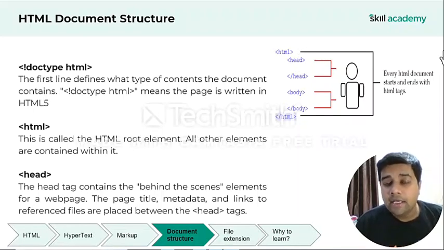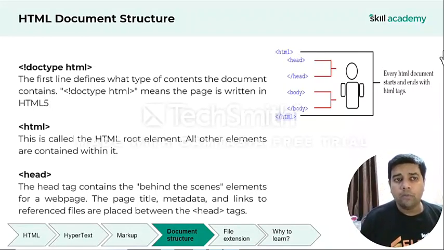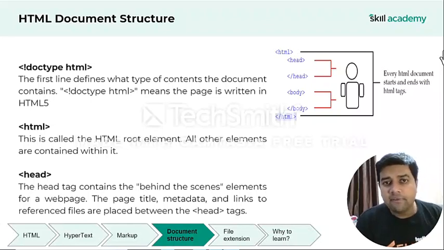Inside the head tag. Suppose you are using some kind of JavaScript files or CSS files. JavaScript files we can use in order to provide some dynamic effect to our web pages. CSS files we will be using in order to make our web page more presentable and attractive.